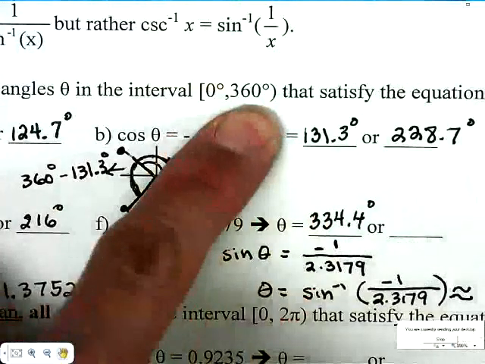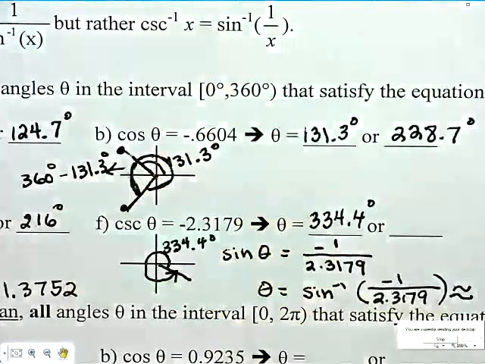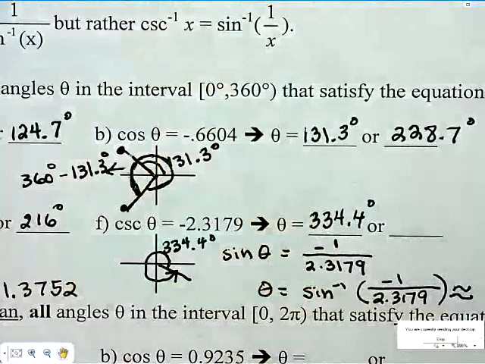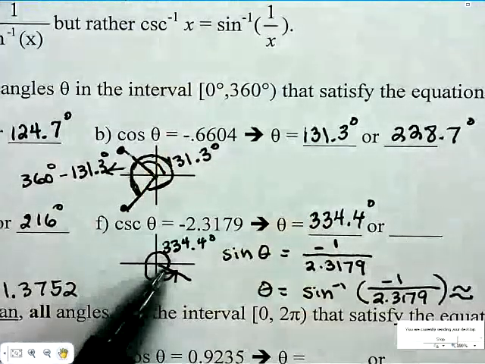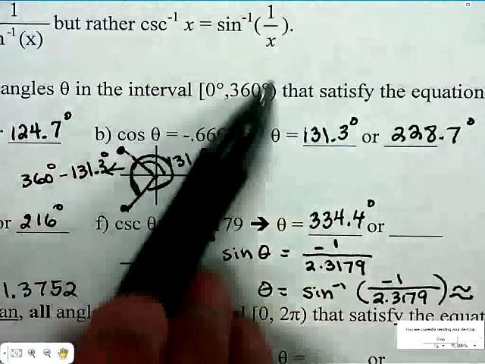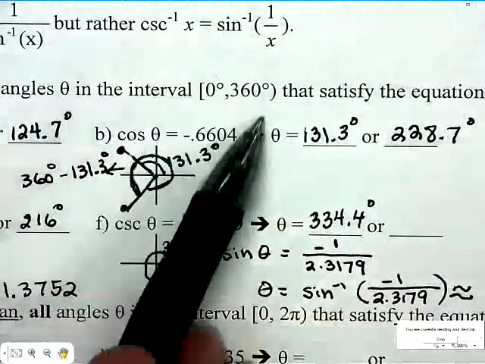My calculator gave me the -25 degrees. It gave me this angle, but not in the interval that I wanted it written in. -25 is not between 0 and 360.